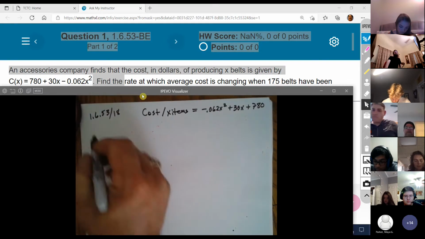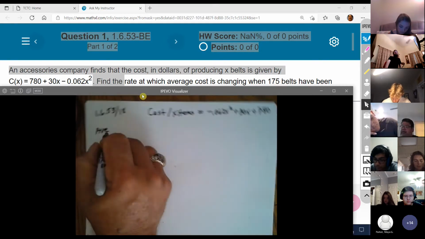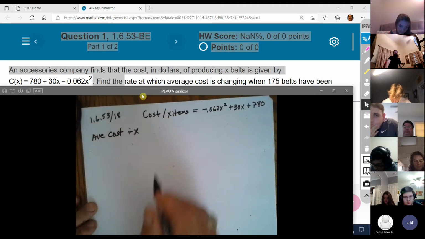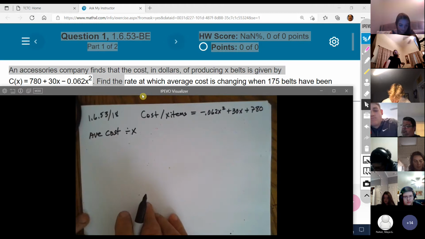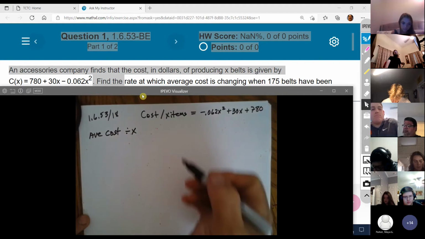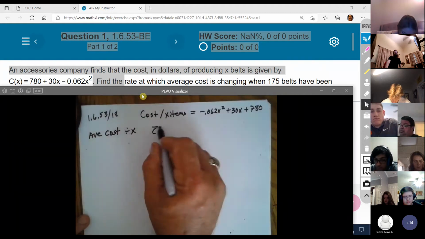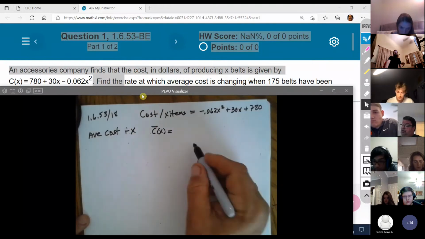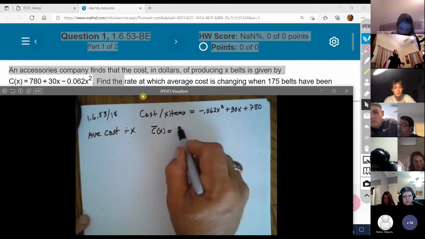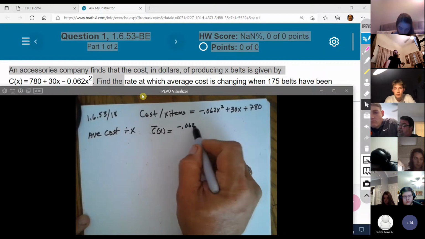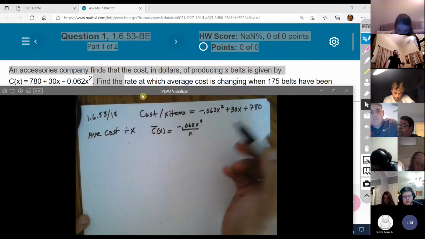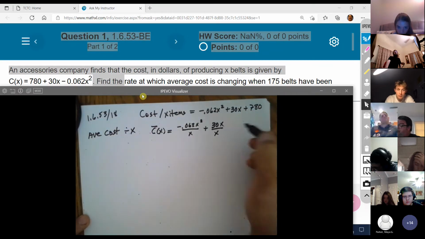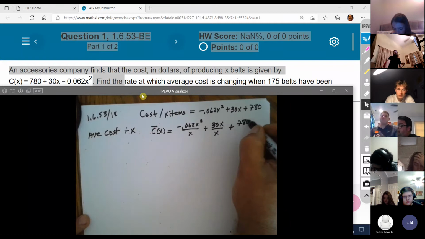Average cost, you divide everything by x, and you put a hat over the C. So the average cost of x is equal to, and we're going to divide everything: -0.062x squared divided by x plus 30x divided by x plus 780 divided by x.